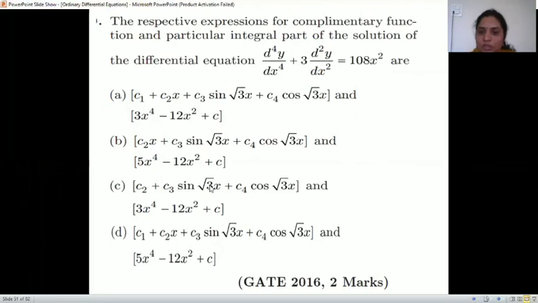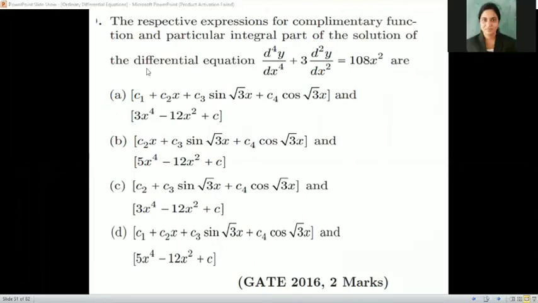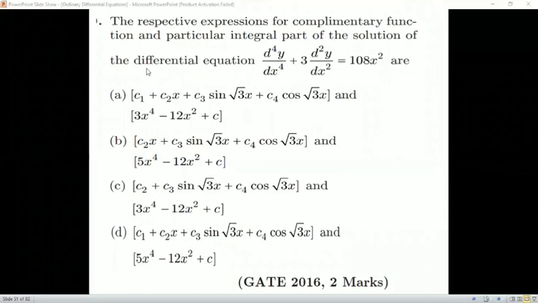Take it to the numerator, take the inverse, apply the formula, and solve. And tell me the correct answer, A or D.